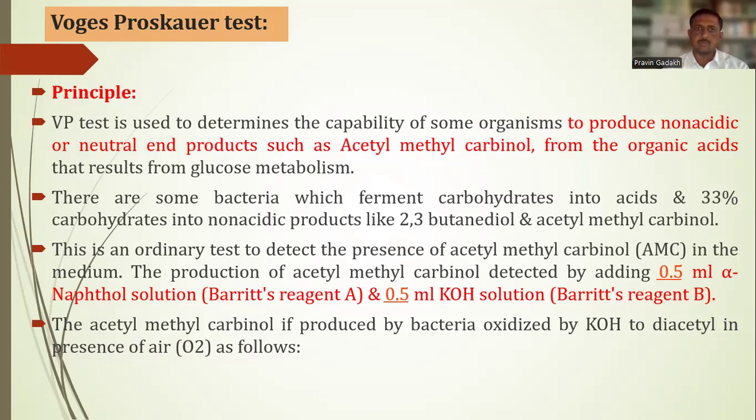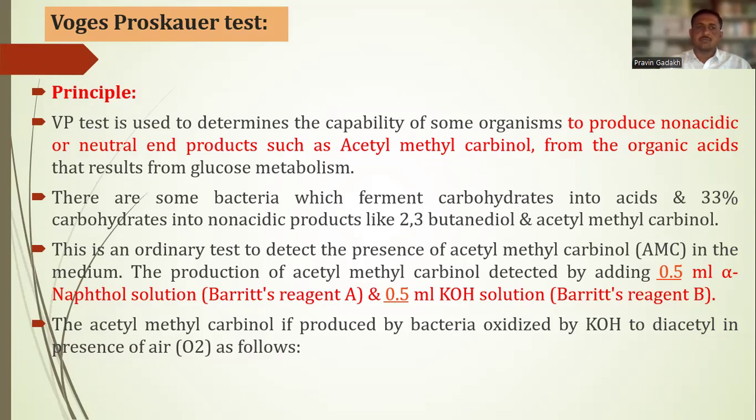On the basis of acidic and non-acidic products, we can determine what product is synthesized by that organism through the addition of different indicators. For example, in the indole test, we added Kovac's reagent. For the methyl red test, we added methyl red indicator.